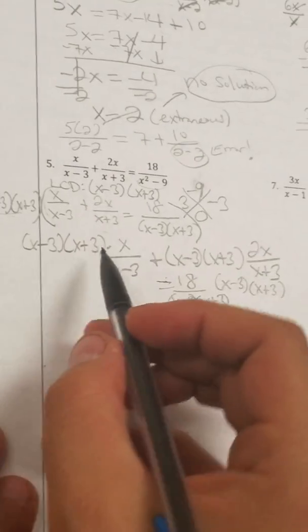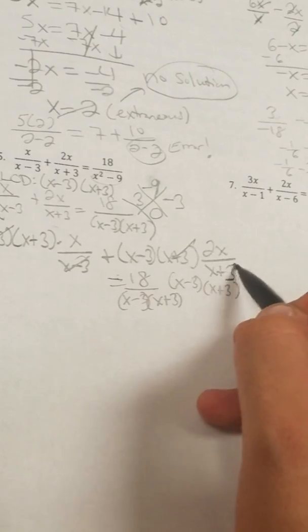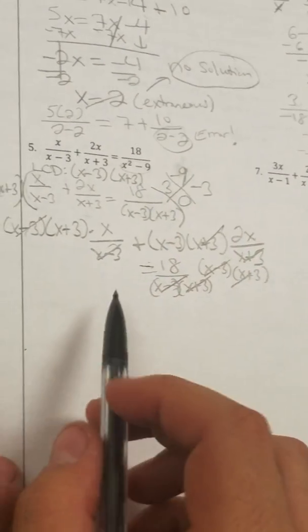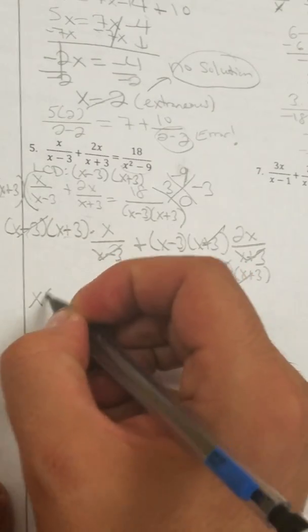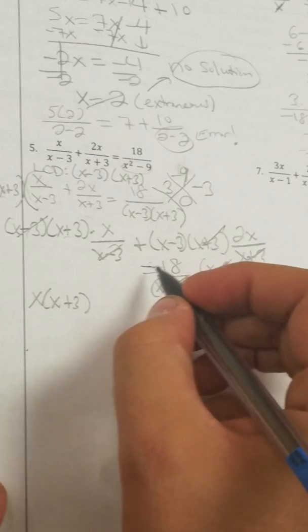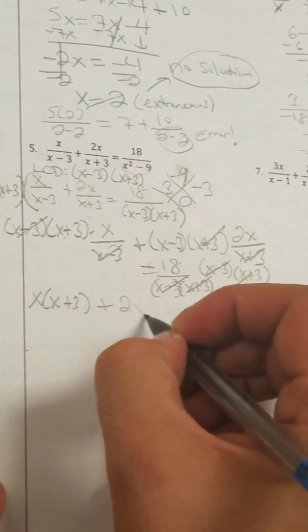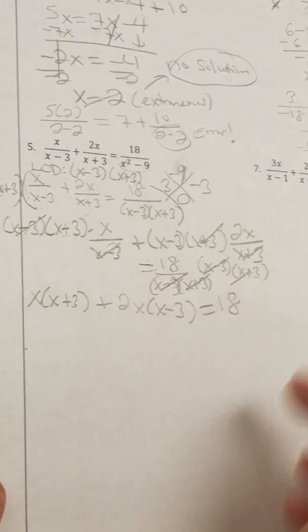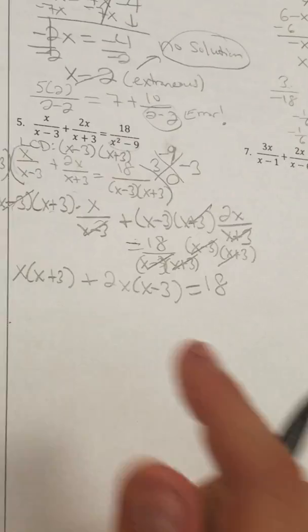All right, so now notice that the x minus 3's cancel here, and the x plus 3's cancel here. And everything cancels here. All right, so what you're left with is x times x plus 3. We're left with 2x times x minus 3. And we're left with 18 on the right side. So it makes it a lot simpler because we're not dealing with the fractions. We can just solve for x now.